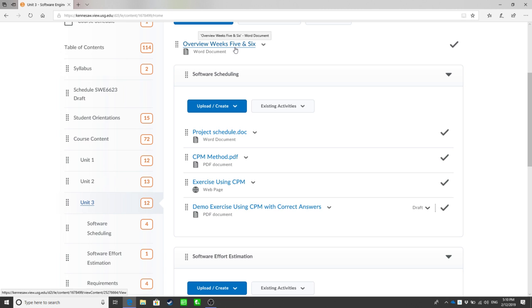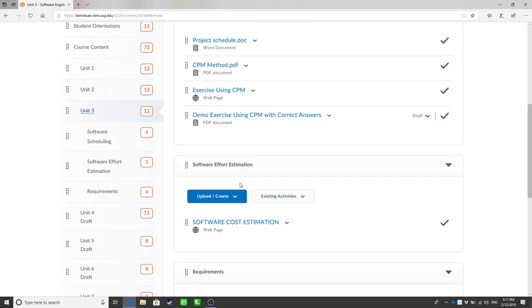What I mention here covers the really critical skills I want you to learn from this course. So remember to follow the instructions and go through all the materials in each folder. This week we have two different sections: one is scheduling, the other is requirements. In this lecture I'm only going to cover scheduling, the CPM.